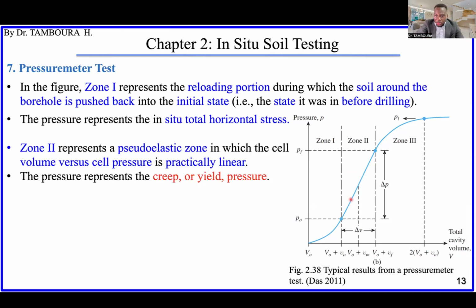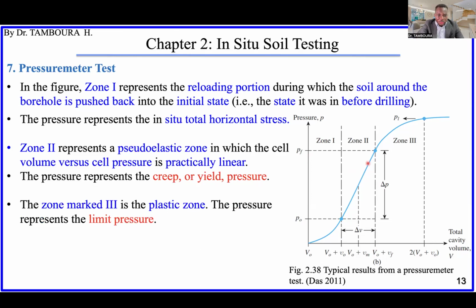This is the zone where the soil is still trying to resist. After the yielding, from here the soil has yielded. The third zone is like a plastic zone, and the pressure represents the limit pressure. You can see here the limit pressure, and you will see that in many formulas this limit pressure is used.